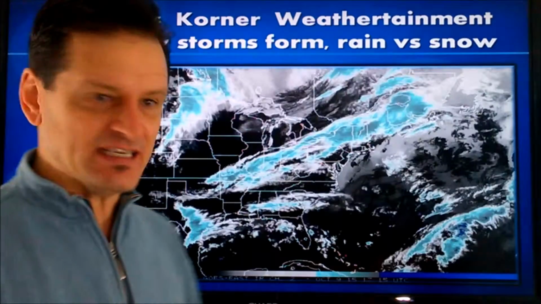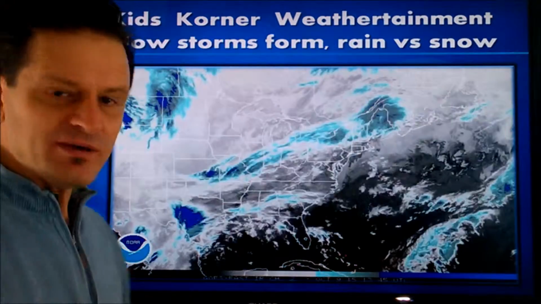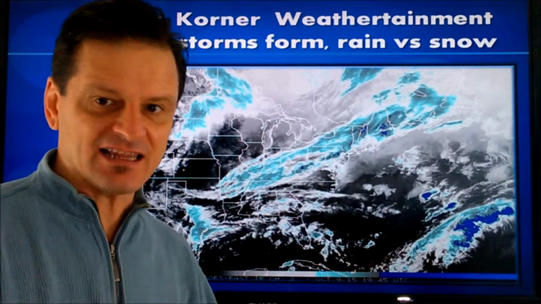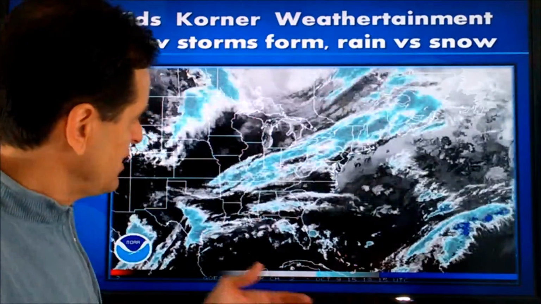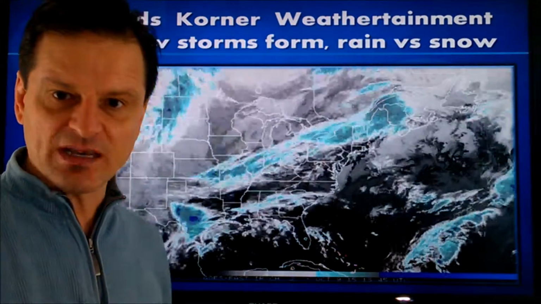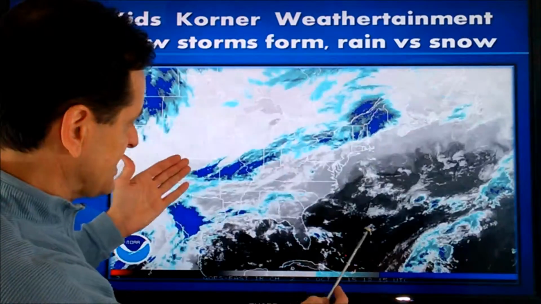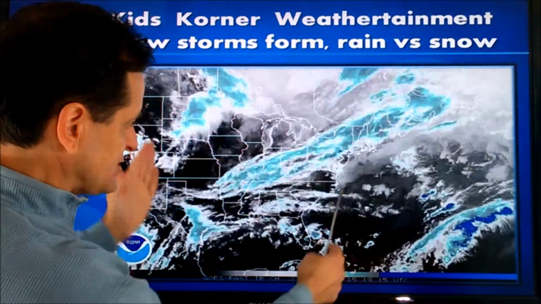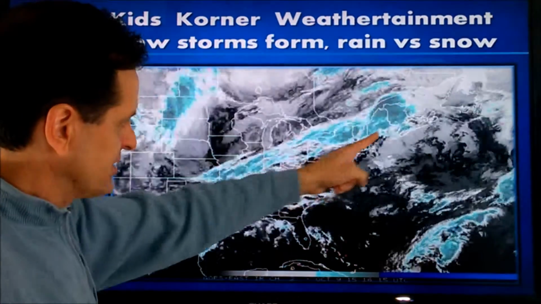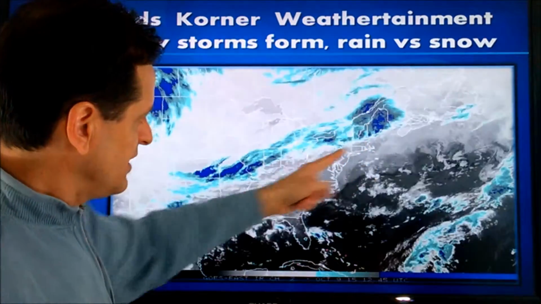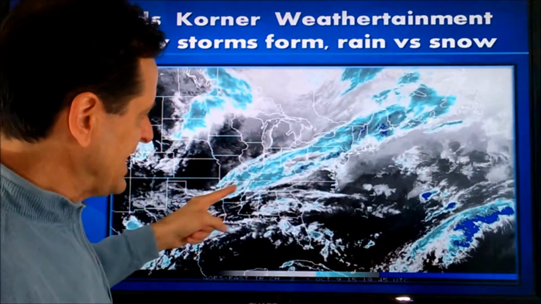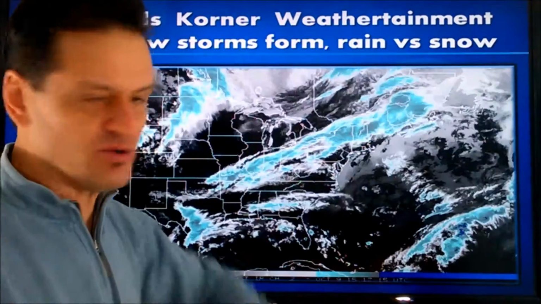Let's start with the obvious. As a meteorologist, we would look at things like the radar and satellite pictures to be able to determine where there are obvious things going on. So as we look at the satellite picture here, this is the eastern half of the country, and there's clearly a line of light blue and white that is moving towards the coast.